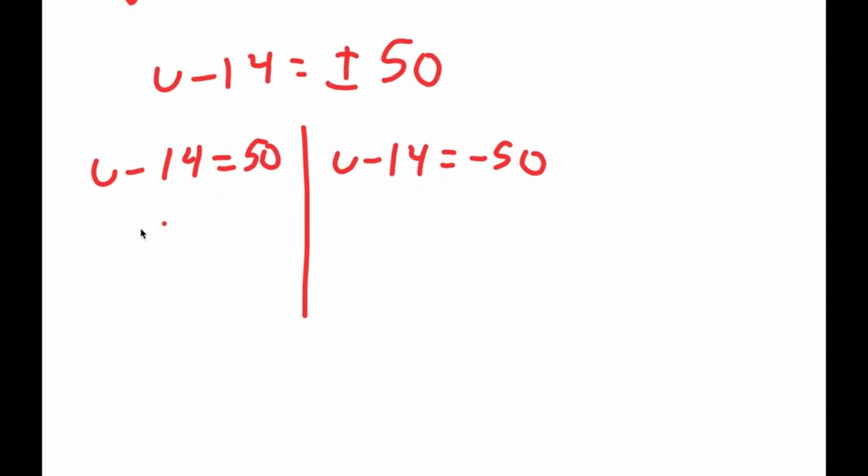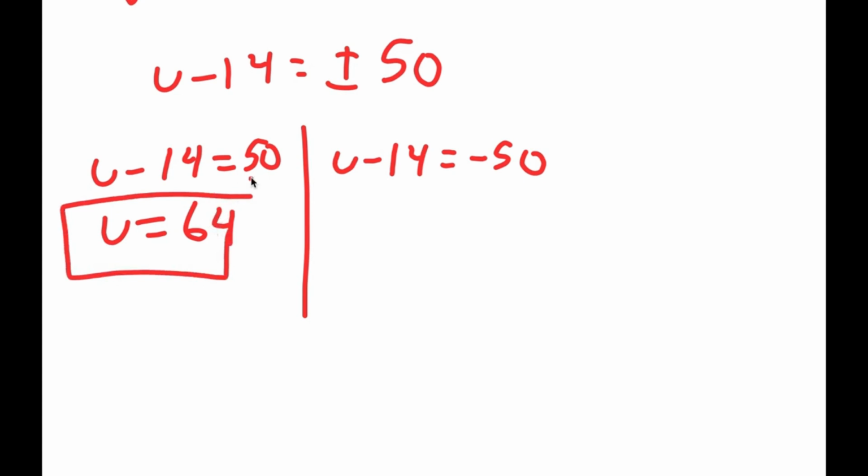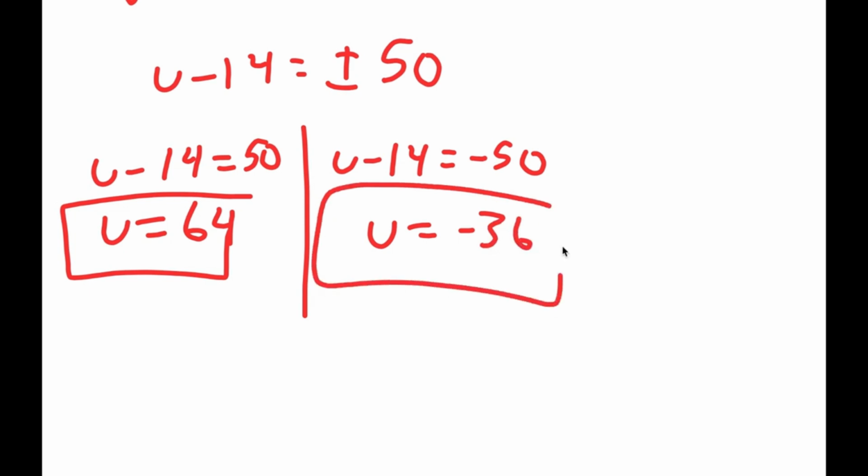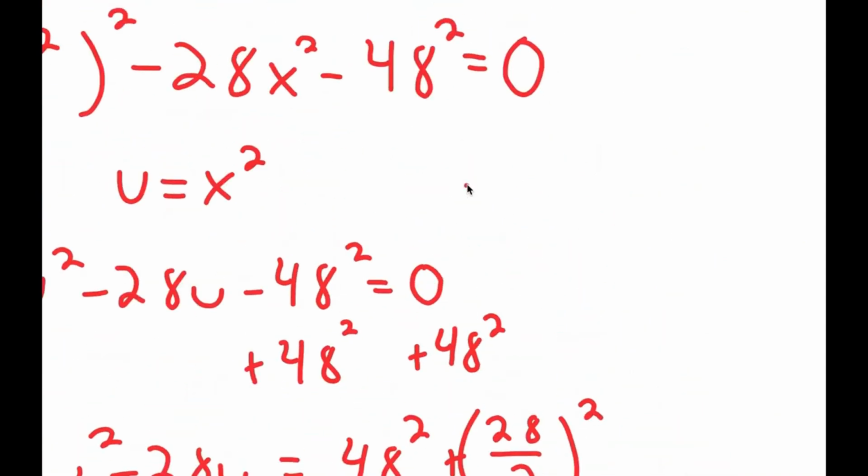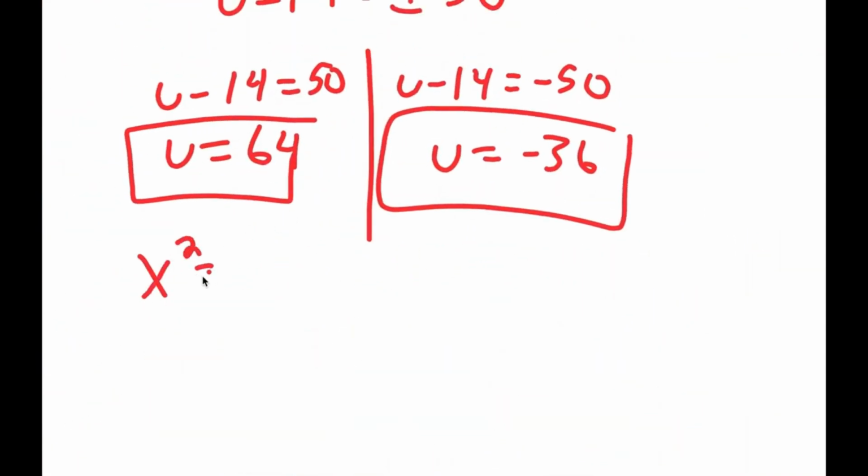So u minus 14 is equal to positive 50, I get u is equal to 64. And u minus 14 is equal to negative 50, I get u is equal to negative 36. Now remember how we let u equal x squared. So this means that x squared is equal to 64 and x squared is equal to negative 36.